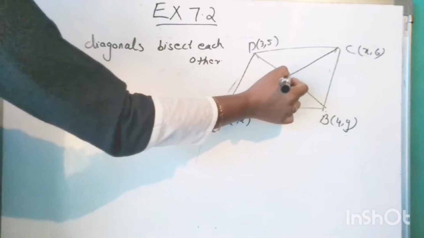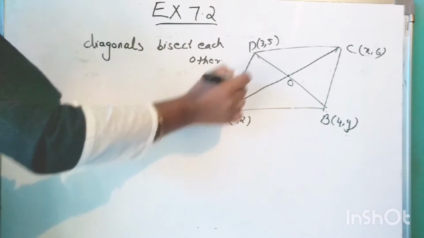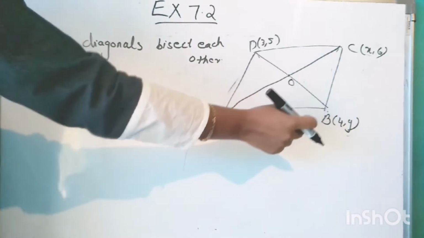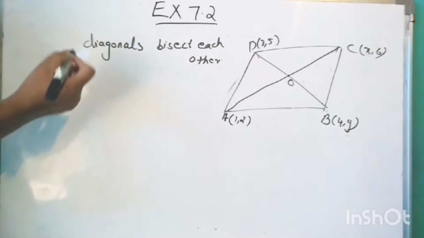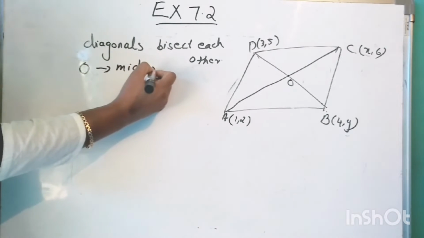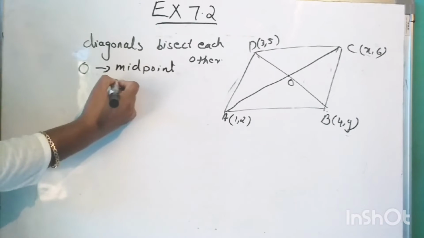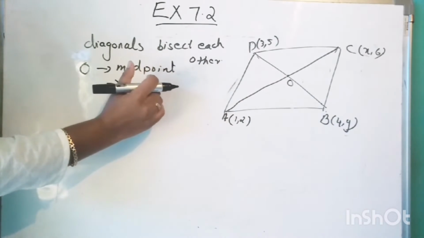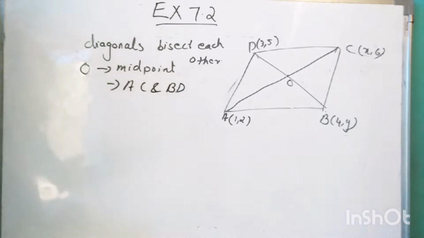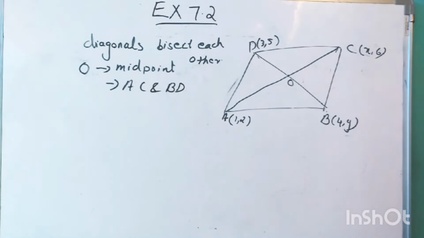That means this O is the midpoint of the diagonal AC and O is also the midpoint of the diagonal BD.